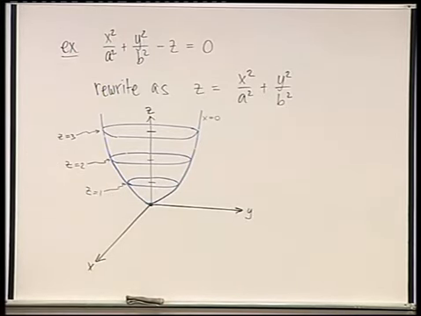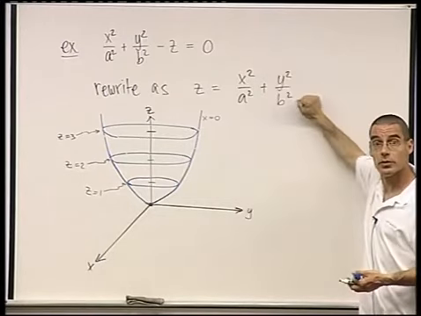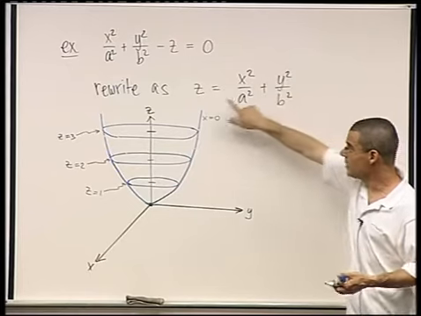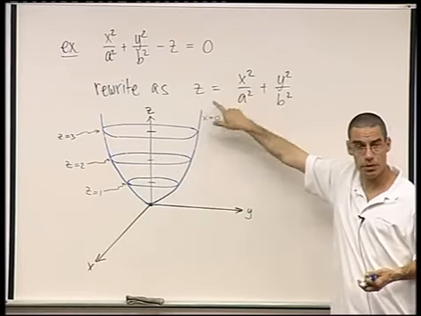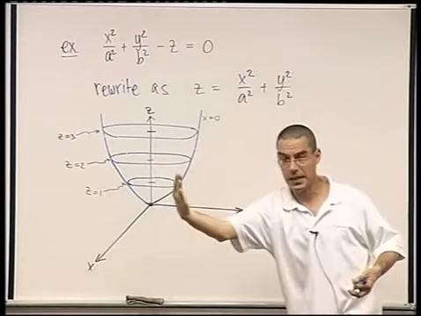Okay? What do I get, for example, when I plug in y equals 0? If I plug in y equals 0, this is gone. Do you agree? And I get again a parabola, but now it lives in the zx plane. Where is the zx plane? It's this. It's coming out at you.